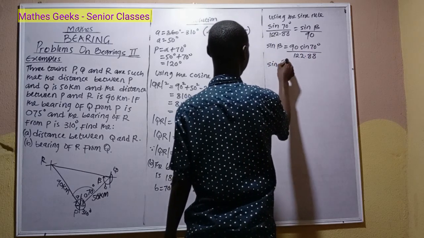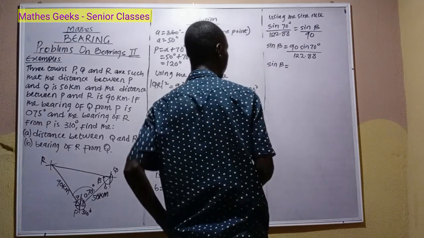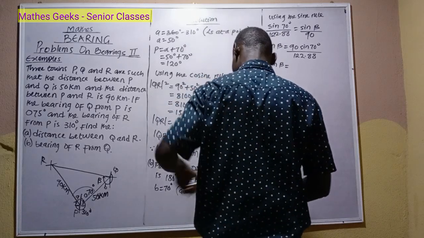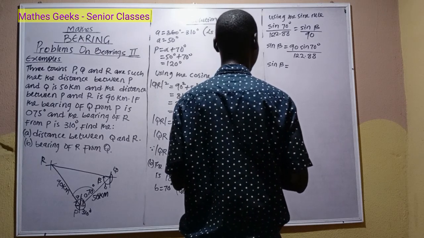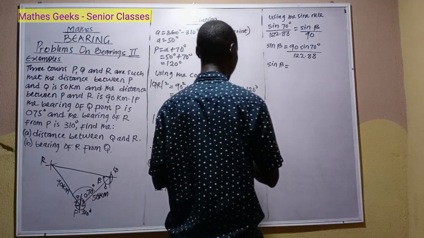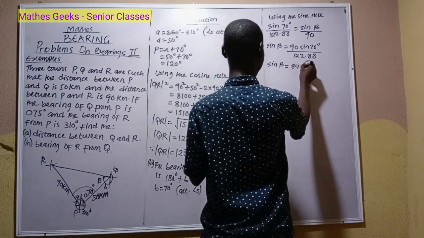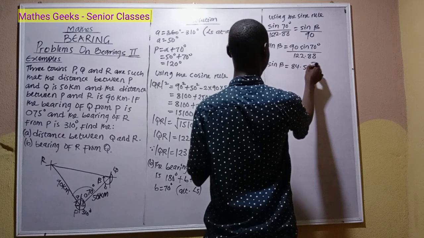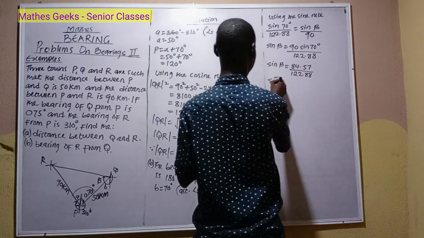Sine beta is equal to 90 sine 70, 84.57, divided by 122.88.